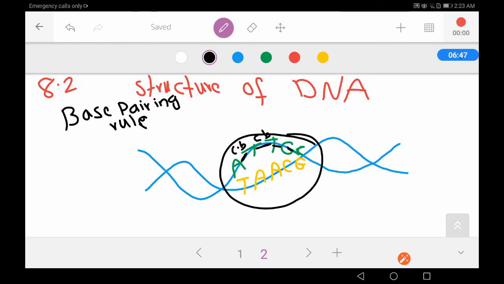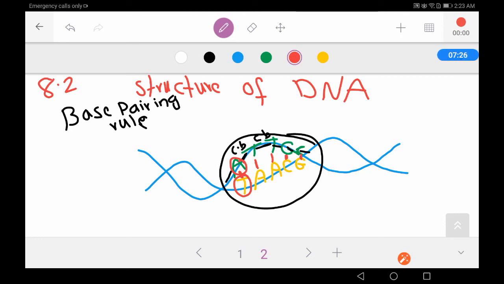So there are bonds between the nucleotides, and the bond that we have between the nucleotides of different strands, between the two strands, this adenine with this thymine, this thymine with this adenine, guanine with this cytosine, which are on two different strands, and cytosine with this guanine.